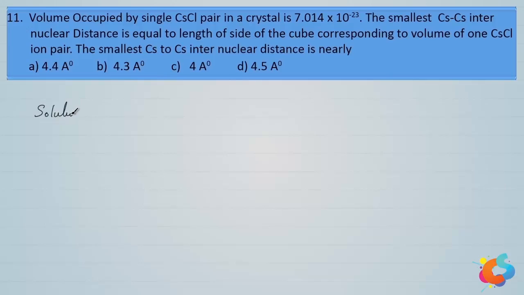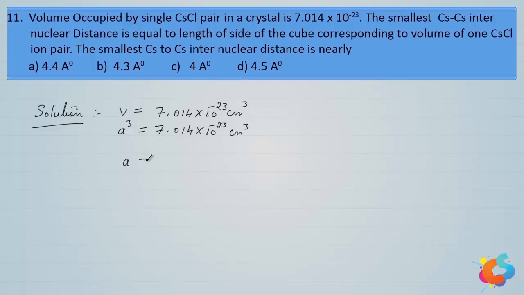The solution is, the volume occupied by the cesium chloride crystal is given by 7.014 into 10 to the power minus 23 centimeter cube. The volume is nothing but A cube, which is equal to 7.014 into 10 to the power minus 23 centimeter cube.